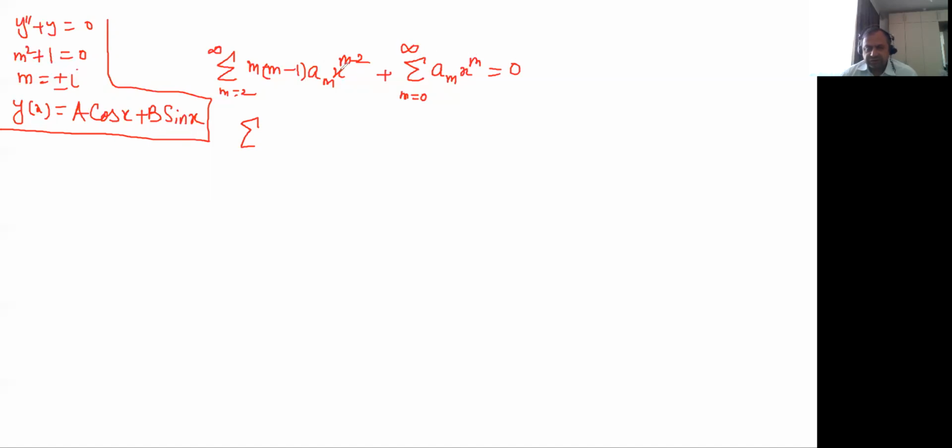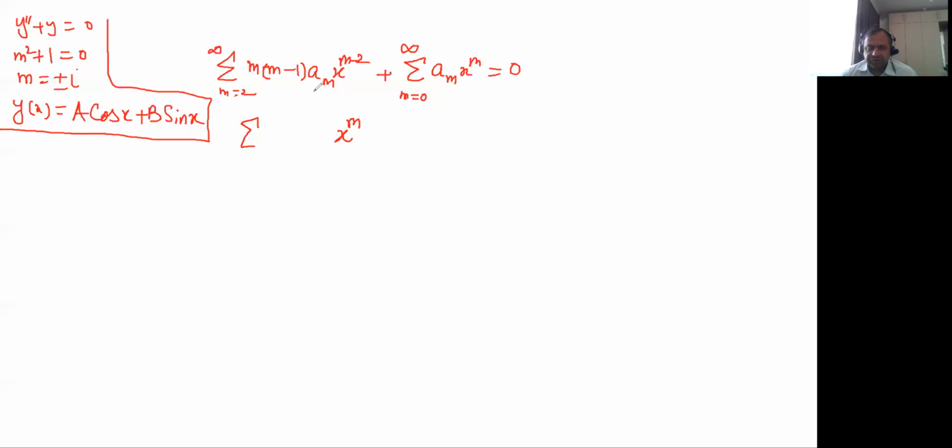In order to make this x power m, I can add the next two terms over here. So for example, if the last term is x power m minus 2, the next term will be x power m minus 1, and the second term after that will be x power m. So minus 2 plus 2, it will be x power m. So I have increased by 2 terms over here.